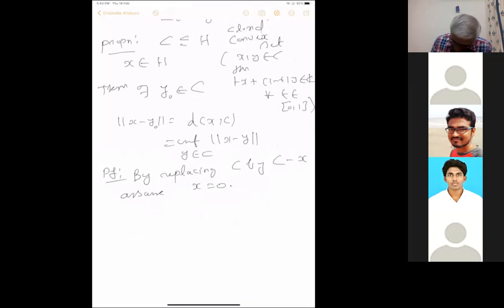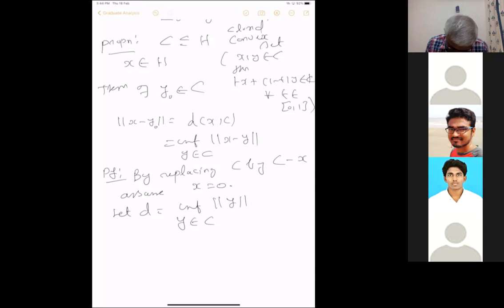So let's assume the minimal distance to be d. Let d equal the minimum distance, which is the infimum over y in C of norm of y. That's right, because x is 0, so it's just the norm of y.